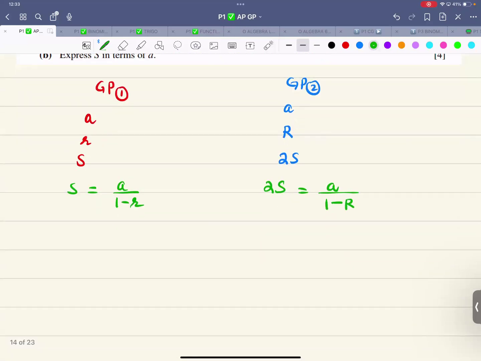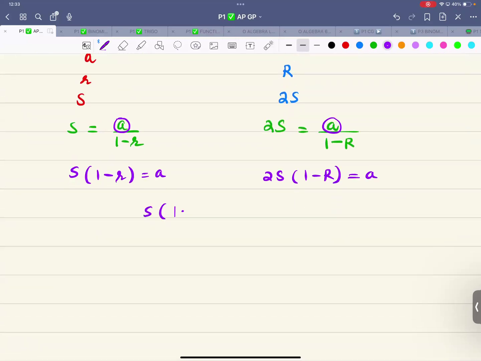So what I can do is make A the subject in both. S bracket 1 minus r is equal to A, and 2S bracket 1 minus capital R is equal to A. So S bracket 1 minus r is equal to 2S bracket 1 minus capital R. Now I can cancel the S. 1 minus r is 2 minus 2R.